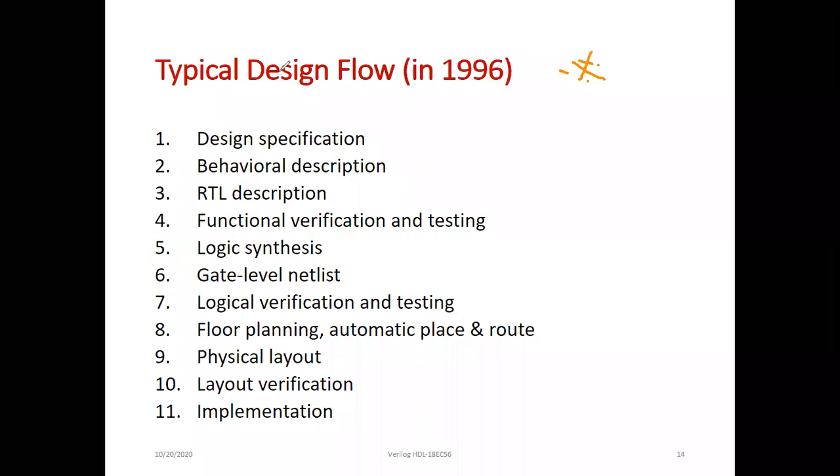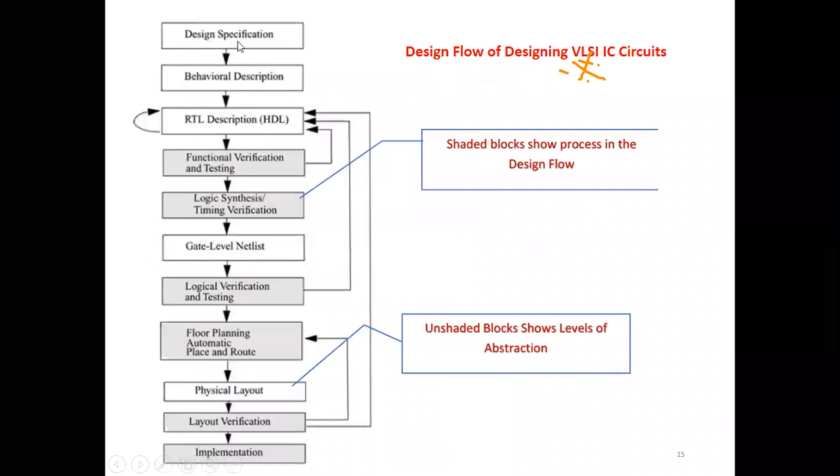the typical design flow cycle, or sometimes we may call it the VLSI flow cycle. We may call it like that also. This is the diagram we need to draw. So what are the steps involved here? Design specification. Then behavioral description. Then RTL description.